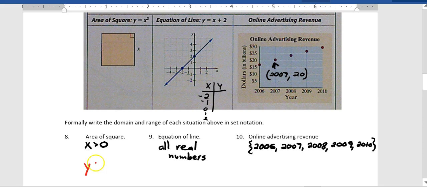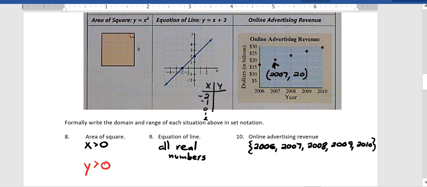Why do you say anything greater than 0? Good. Can't have an area of 0, or else the sides are just 0. And we can't have a negative area, because we're not working with negative space. Okay. So this is our range.